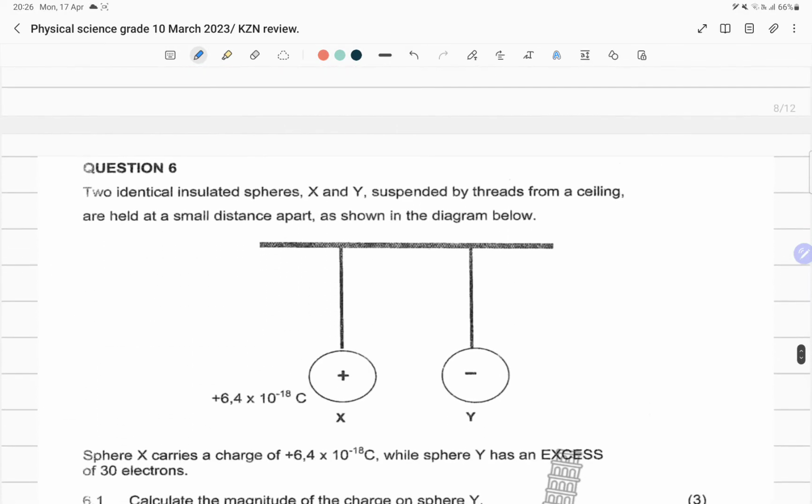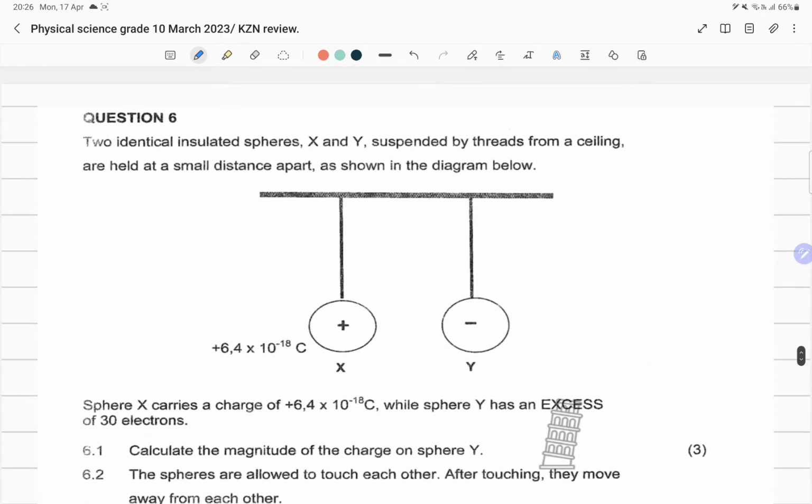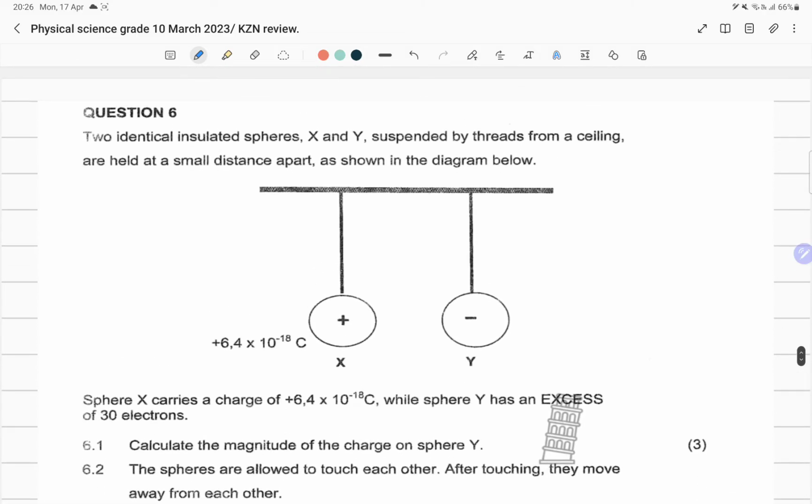Okay, let's do... Oops, okay, I'm going to try and move quickly here. Now, two identical insulated. What is the significance of them being insulated? Is to create a closed system. Okay? Right.